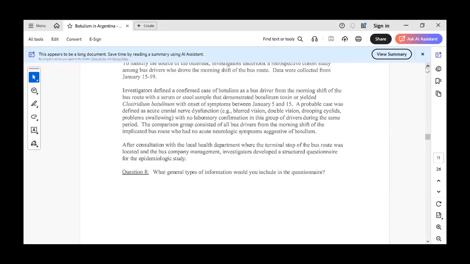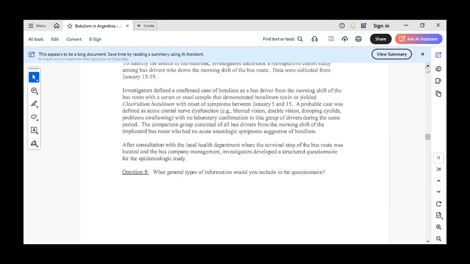Yes, very important outcomes: whether they saw a doctor, whether they were hospitalized. We did the same thing in COVID. Did you go to the emergency room? Were you hospitalized? Were you admitted to ICU? And of course, we also want to know if they had any lab tests done and the results.